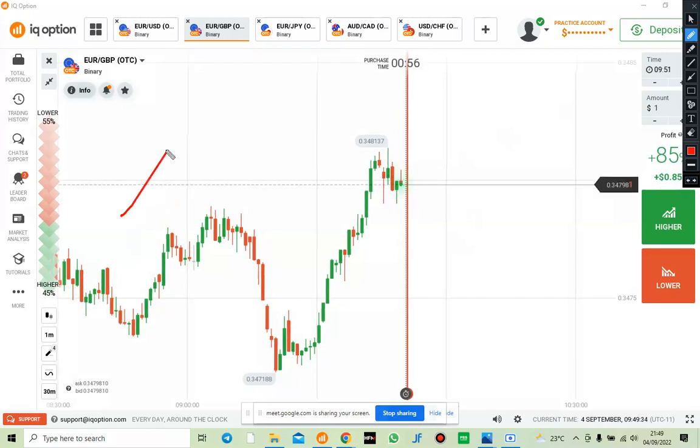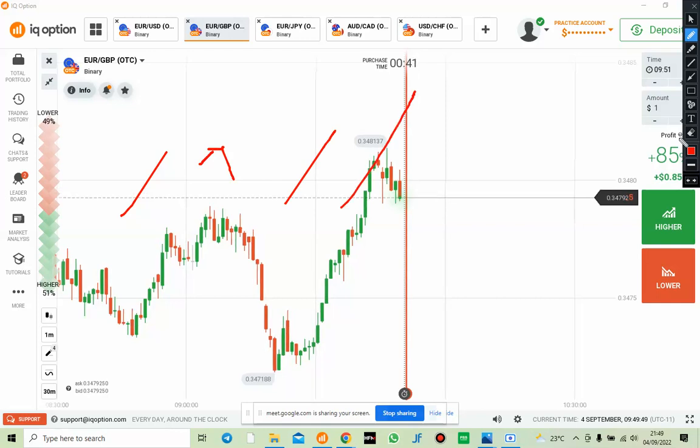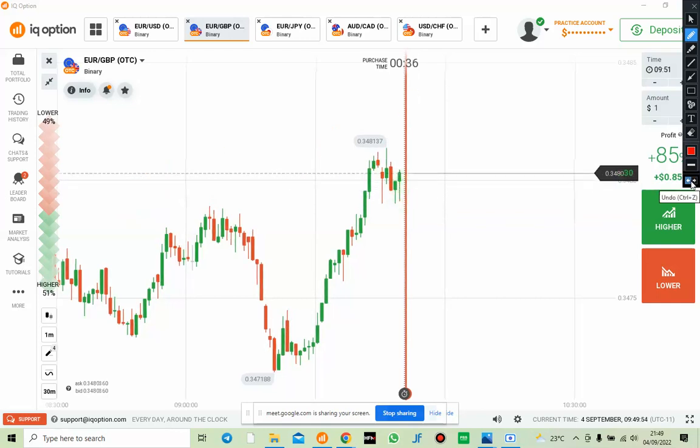What you need is a small movement, then the pattern just appears here and the market reverses. Sometimes you need a momentum, sometimes you need a trend. So you can have a downtrend or an uptrend.